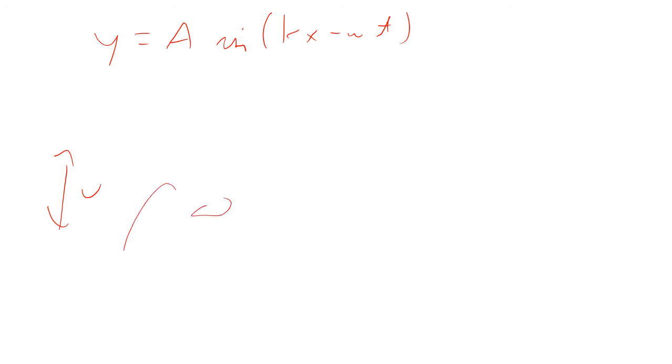We know that y equals A sine(kx minus omega t). So the question then is, what about the up and down velocity? What's the maximum up and down velocity that someone experiences as they're sitting in this boat with these waves going by? Well, we know that the speed of the wave is lambda times f.